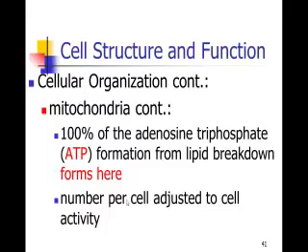Another interesting thing about mitochondria is that if you look at the world's elite endurance athletes, people who run marathons or compete in Ironman triathlons and things like that, they tend to actually have more mitochondria per cell than normal people, even if the normal people are trying to compete in the same events.